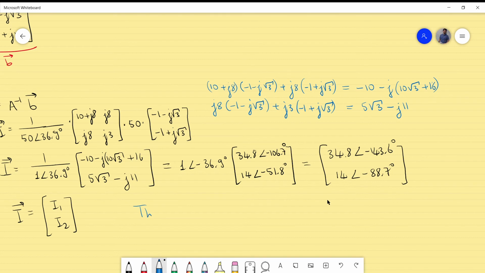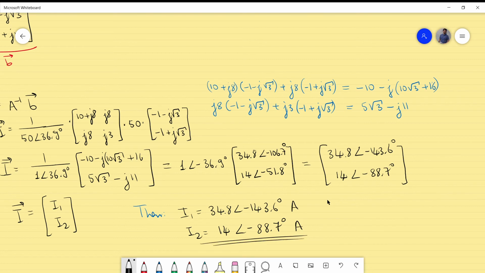Then I1 is the first row, which means 34.8, phase minus 143.6 degrees in amperes, and I2 will be 14, phase of minus 88.7 degrees. And I have now both of the mesh currents.